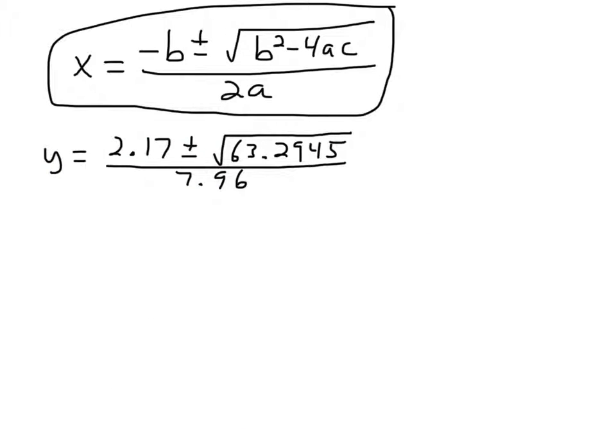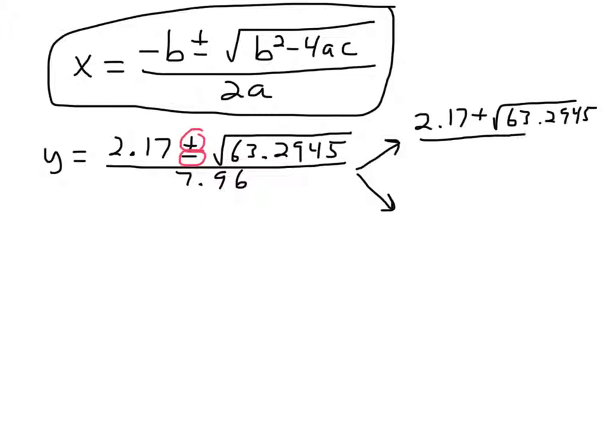So at this point, since we're looking for approximate solutions, we want to break this up into the two separate solutions. If you use the plus sign for one and the minus sign for the other. So I'm going to put arrows here because we're going to have two different solutions. On the one hand, we're going to have 2.17 plus the square root of 63.2945 divided by 7.96.